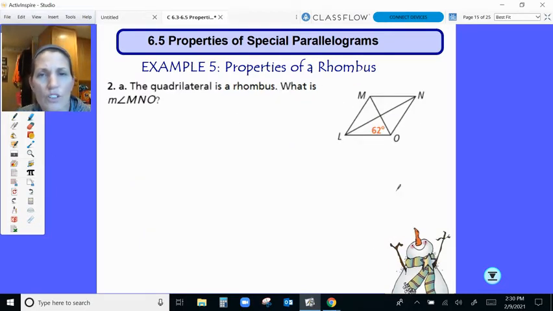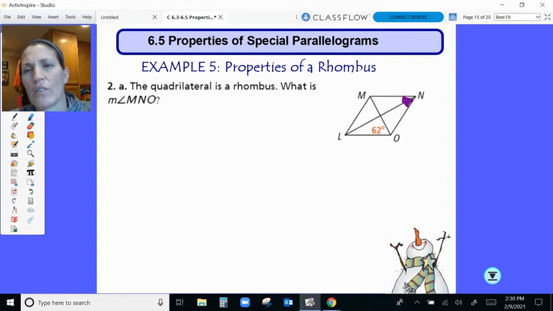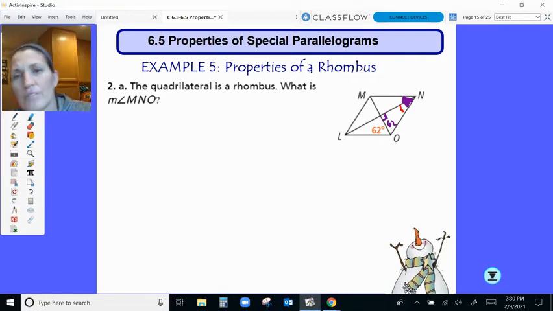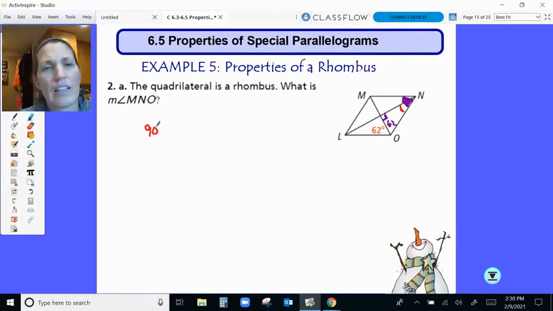And the quadrilateral is a rhombus right here. What is MNO? So it's this big angle right here. We want this whole angle. Okay, so if this one's 62, we know that this one must be 62 also. And we know that this intersects at a 90-degree angle. So we can find out what this little angle is over here. I'm going to make this red. So we go 90 plus 62 plus x should be 180 degrees, right?